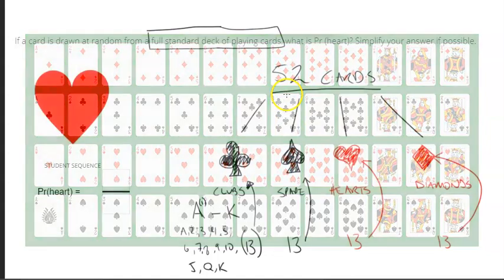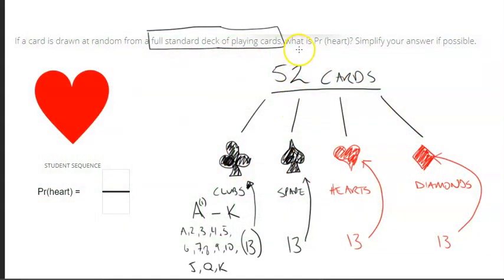Now, with this in mind, this is asking for what the probability of obtaining a heart card is. Well, we know that from hearts, there are 13 out of 52 cards. And put simply, this simplifies to a quarter.